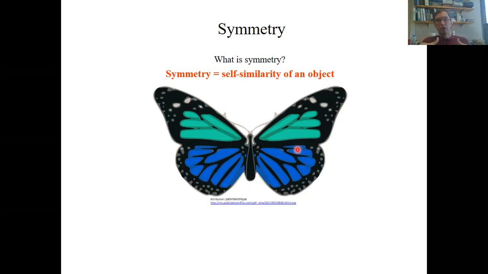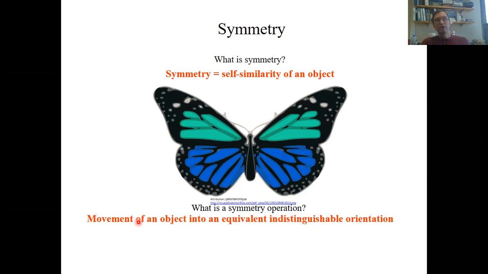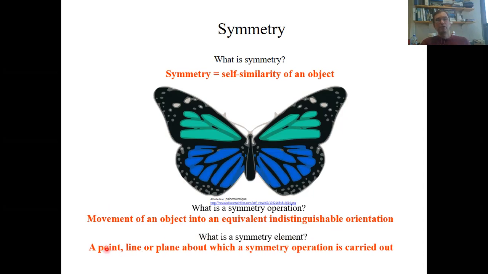So now how can we quantify the degree of symmetry that we have in an object? Okay, so we can do this with so-called symmetry operations and symmetry elements. So now what is a symmetry operation? It's the movement of an object into an equivalent and indistinguishable orientation. Now, what is a symmetry element? Well, that is either a point, a line, or a plane about which the symmetry operation is carried out.